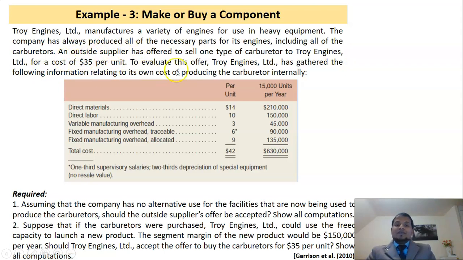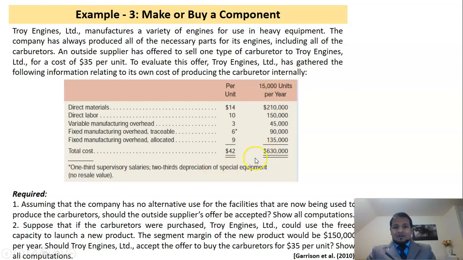All right. To evaluate this offer, Troy Engines Limited has gathered the following information relating to its own cost of producing the carburetor internally. So what's their production now? They are producing 15,000 units.